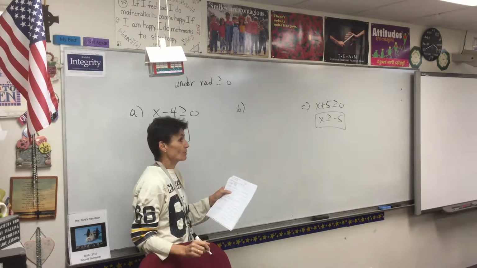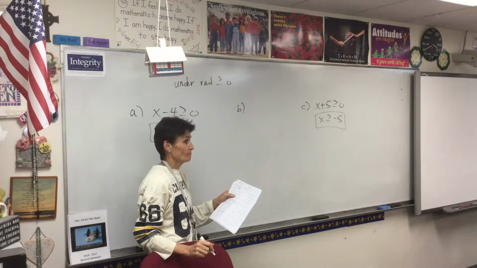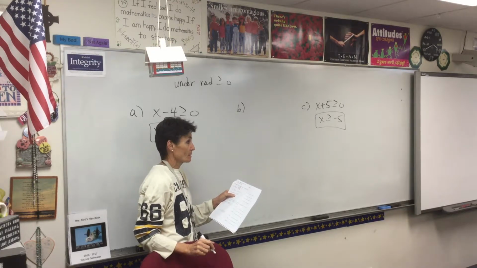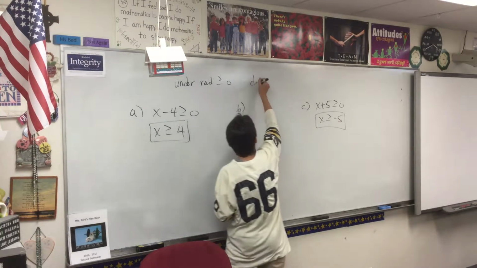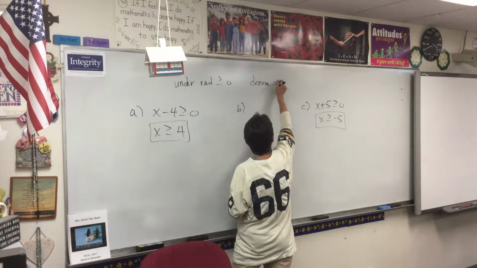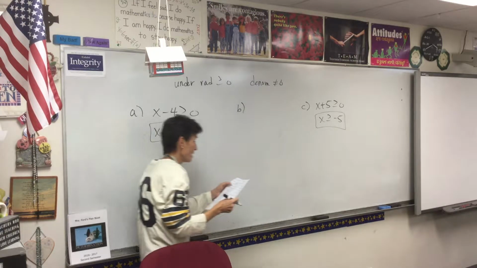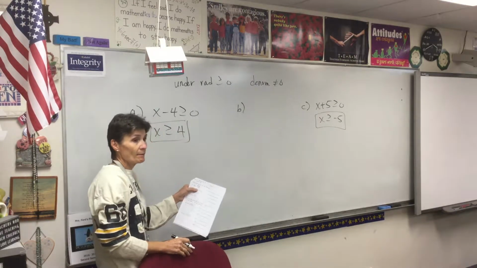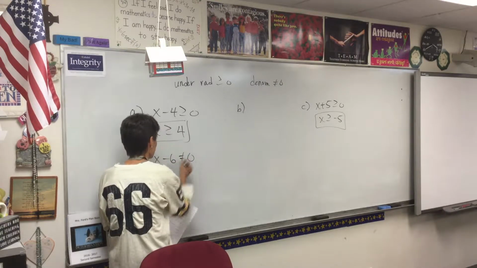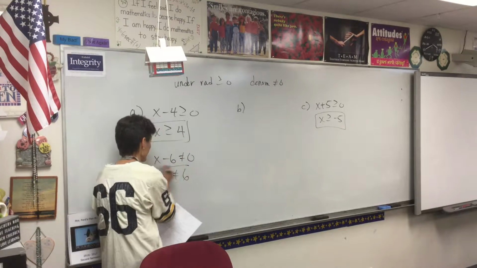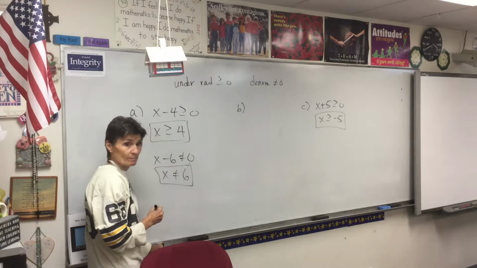What's the other rule? The denominator cannot equal 0. So then you might look at your list of problems and say, okay, A has a denominator. So x minus 6 cannot be 0, so x cannot be 6.